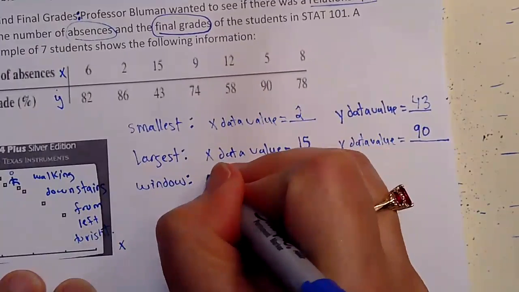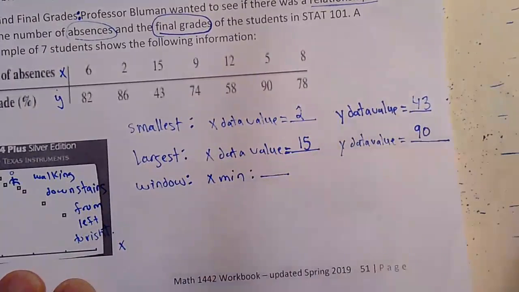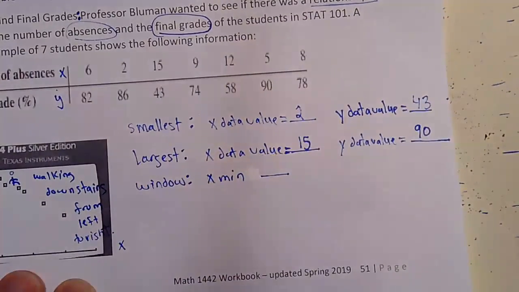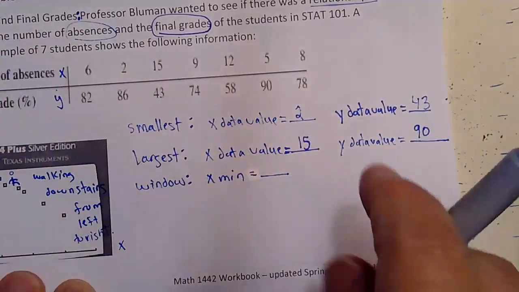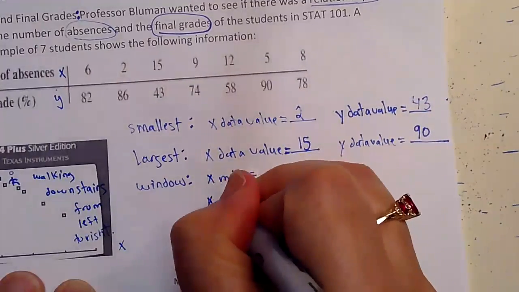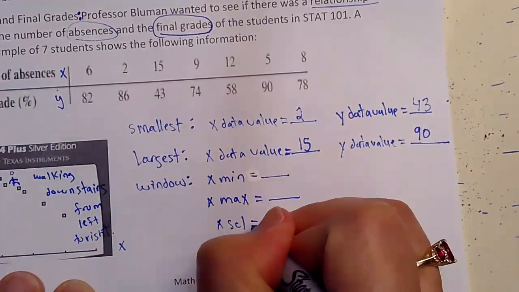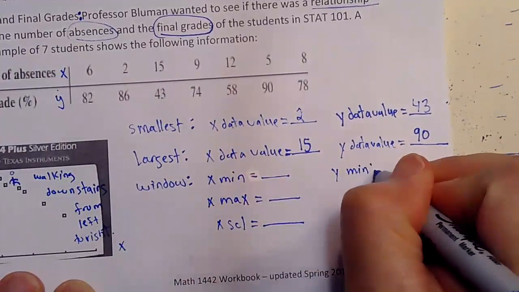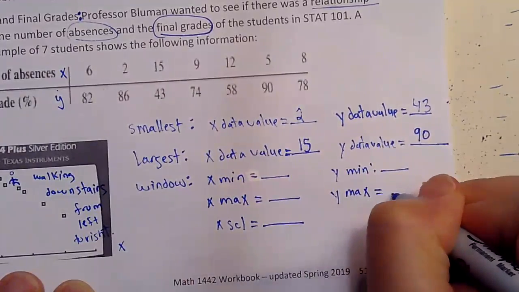Then thinking about our window. So we have an X min, I think they use equals, X max, X scale, Y min, Y max.